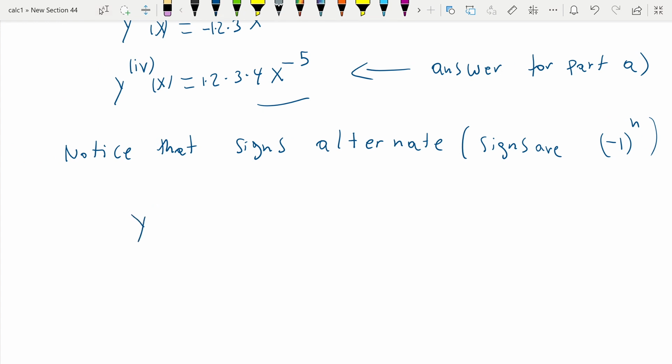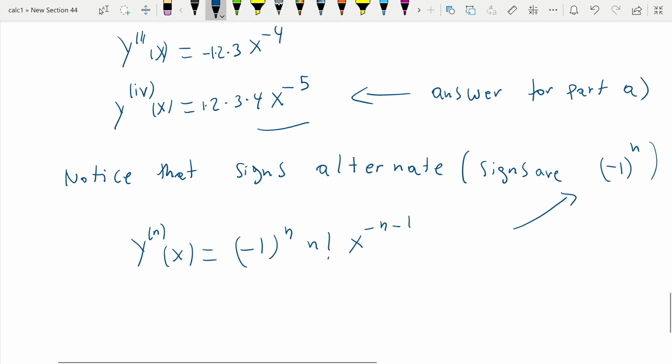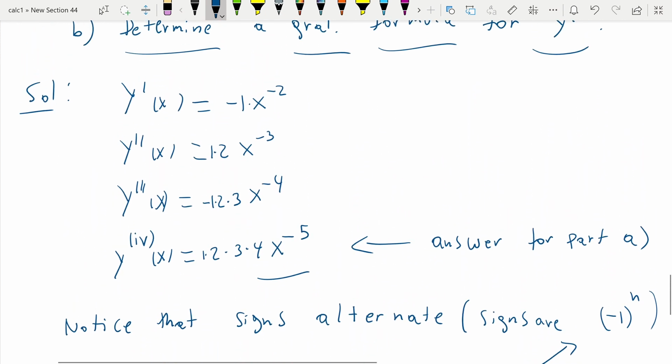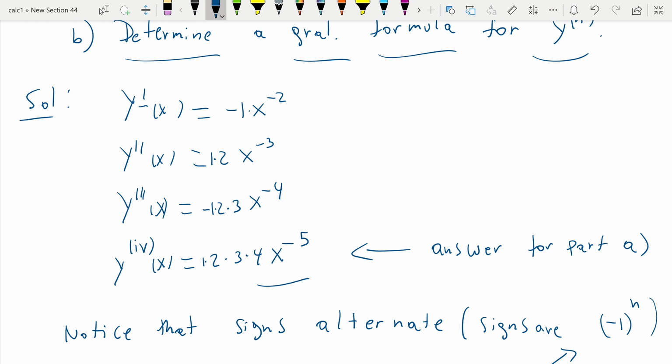So the general formula then, for the nth derivative, is equal to -1 to the n, which is given by the signs that we just found, times n factorial, times x to the -n minus 1. And you can see here the exponent is -n minus 1. Differentiated once, we get -2. So we subtract 1 from the exponent.